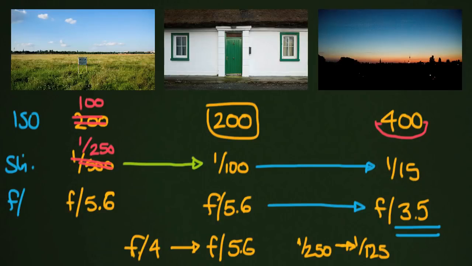If you were not to double the amount of time, you would have to add more light, so you'd have to move this to f4.